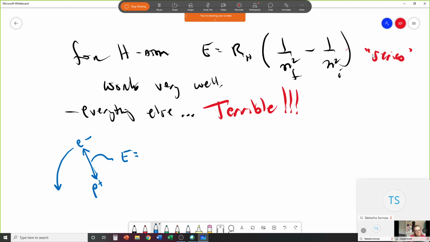It is the Coulomb constant times the charge of the proton times the charge of the electron over the distance between the two. This is very easy to calculate. You set this up with an angle and a distance, using polar coordinates, and five pages of algebra later, you come up with this.